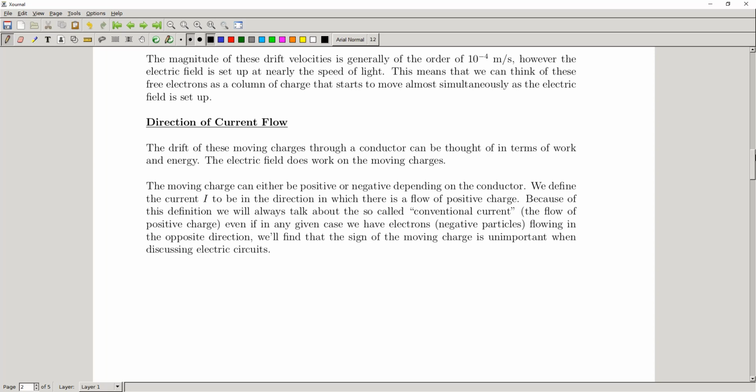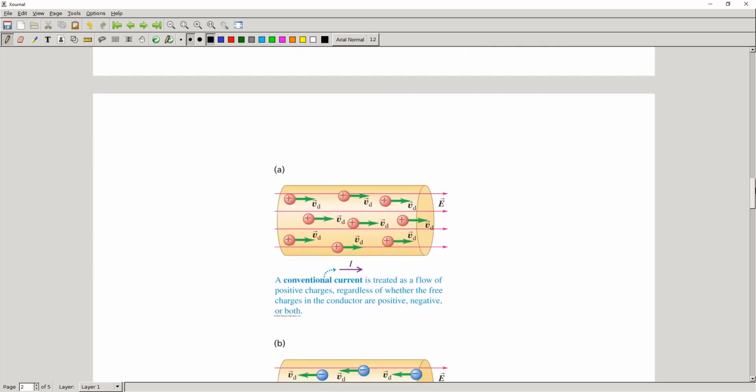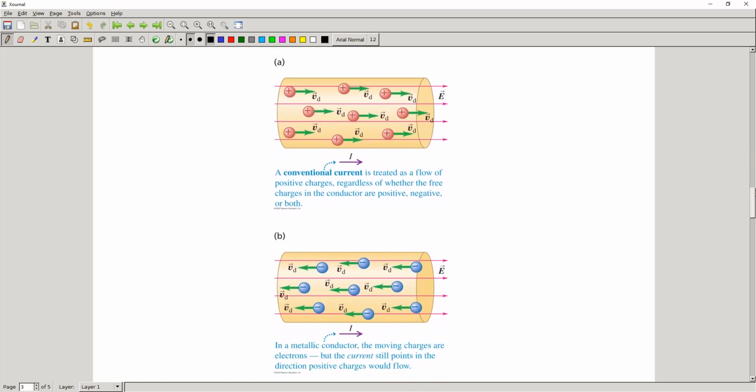So maybe this is better explained with the diagrams. You can see here that we have positive charge moving to the right, an electric field set up in the conductor to the right. And so because the positive charges are moving to the right, we say that our current is to the right. But this is functionally the same to us as saying that we have a bunch of negative charge moving to the left.